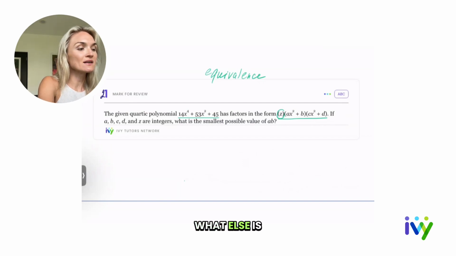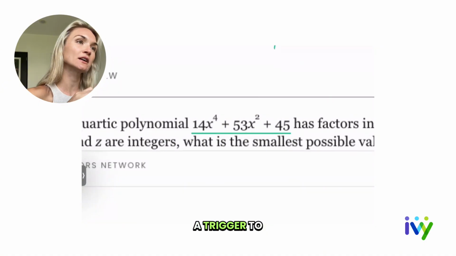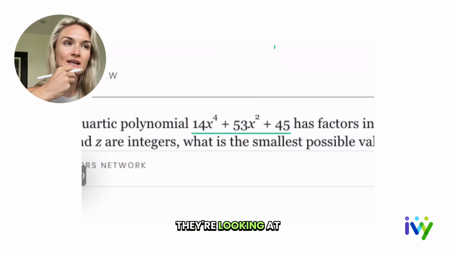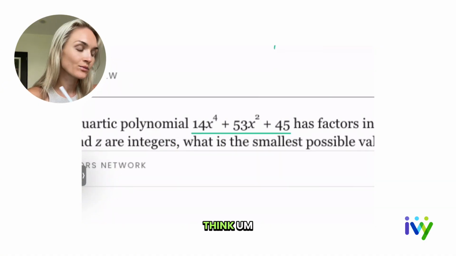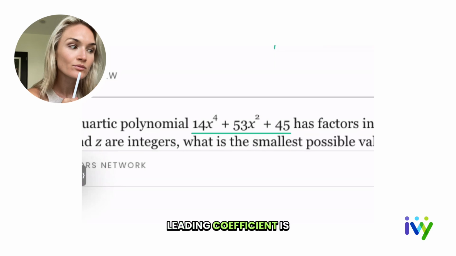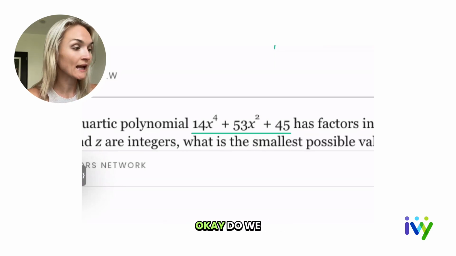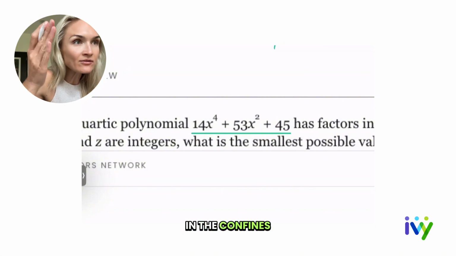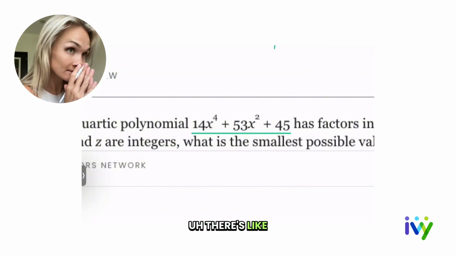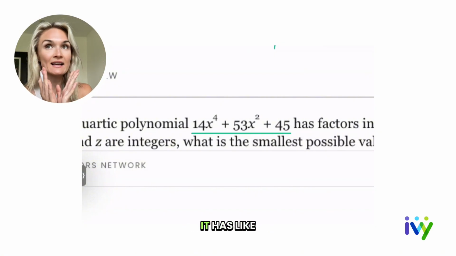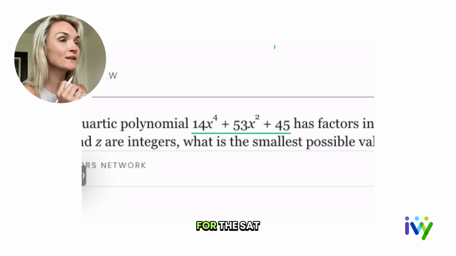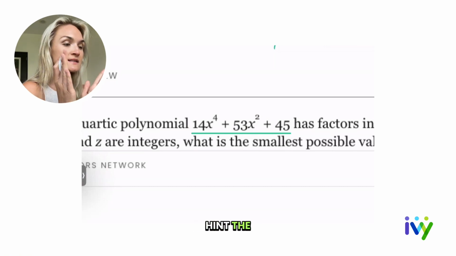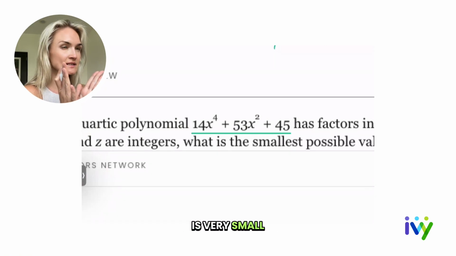What else is a trigger to a trained test taker when they're looking at this equation, Hannah? Maybe the leading coefficient is greater than 1. Okay. Do we know anything about x to the fourth in the confines of the SAT? For the SAT, the sliver of content that they're testing is very small.